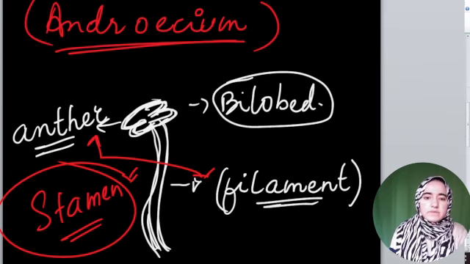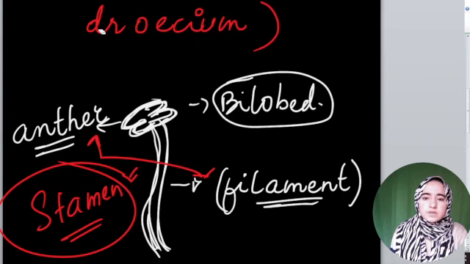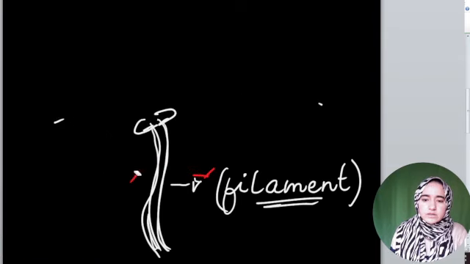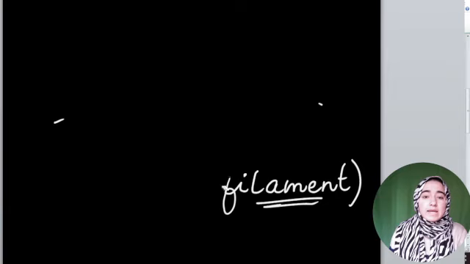Now we will see the female reproductive structure. Male reproductive structure is known as androecium, and female reproductive structure is known as gynoecium.